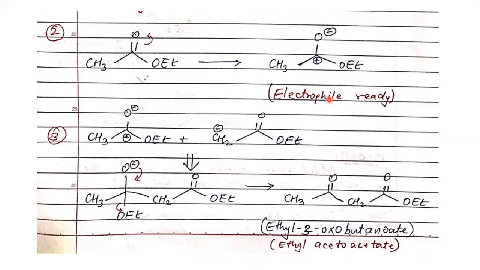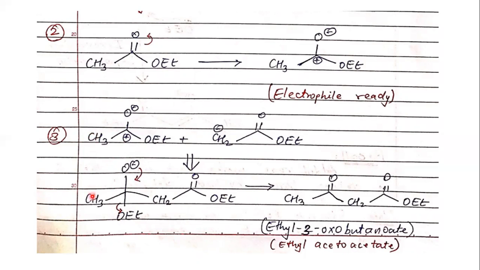So now your electrophile is ready, your nucleophile is ready. Now I have drawn here the electrophile again, and I have drawn here the nucleophile again. So now two molecules of ethyl acetate are going to condense to form a product. My nucleophile is going to attack this positive center, which is the electrophile. So I have drawn the condensation product here.